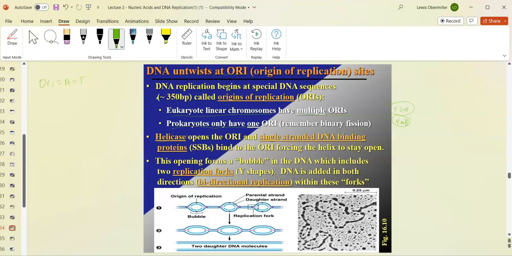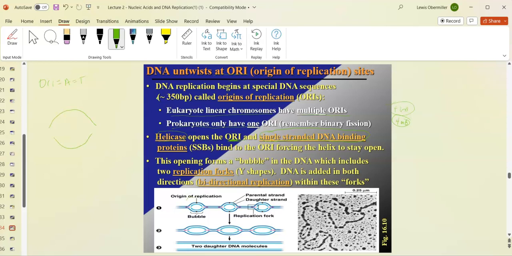So we talked about this. The DNA helicase comes in, opens the origin of replication. It only opens here. It can't open anywhere else because it's not strong enough to break a lot of GC bonds. And then we talked about single-stranded binding proteins come along and they bind to hold that replication fork open.